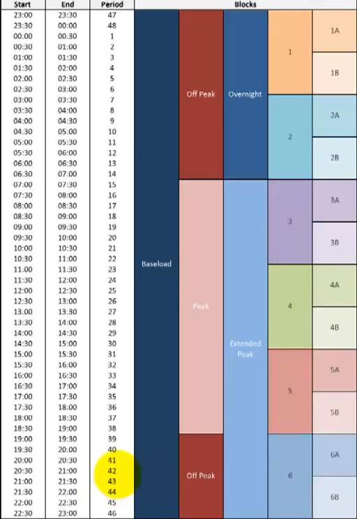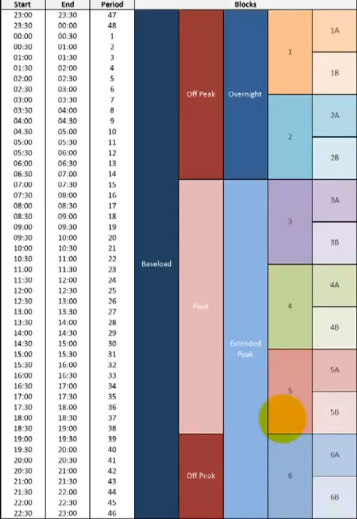We can also think of the EFA day as being split up into 6 blocks. You'll certainly hear discussions of weekday block 5 or weekend block 6, whatever it might be. And each EFA block, here designated by 1, 2, 3, 4, 5 and 6, as you can be expected, is 4 hours long.